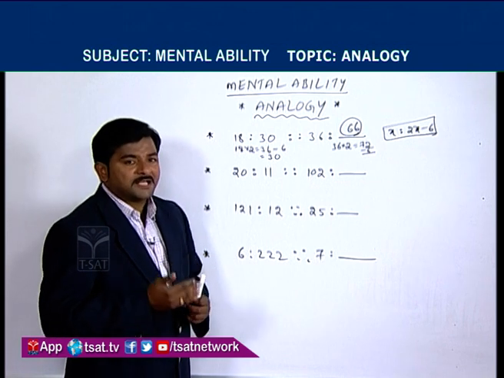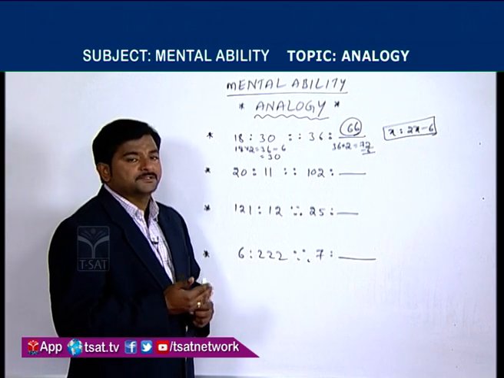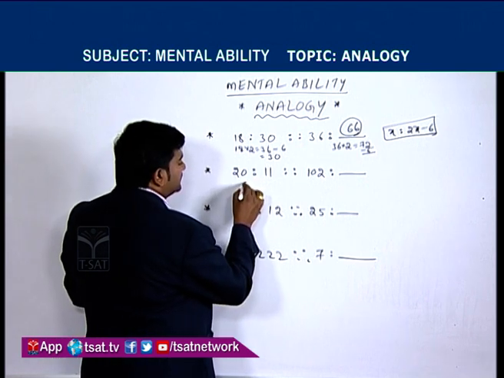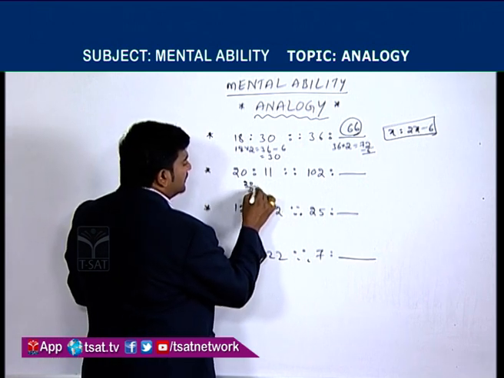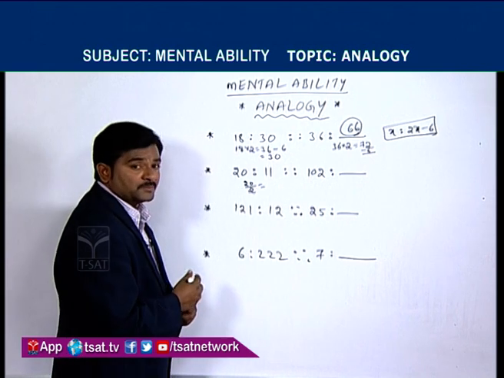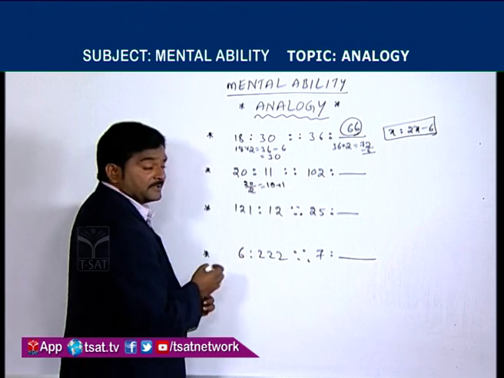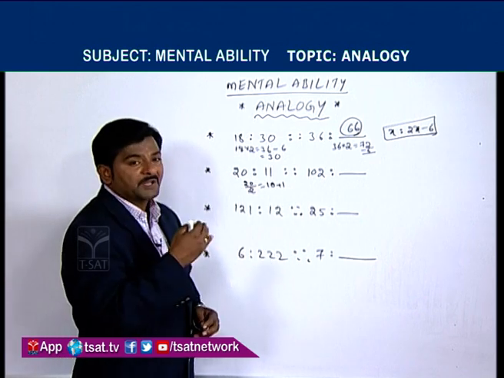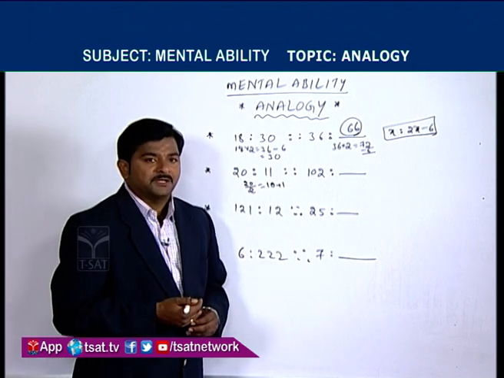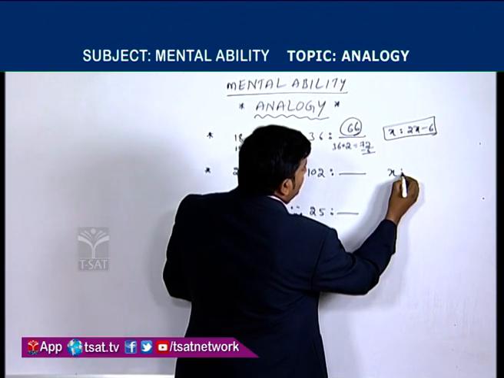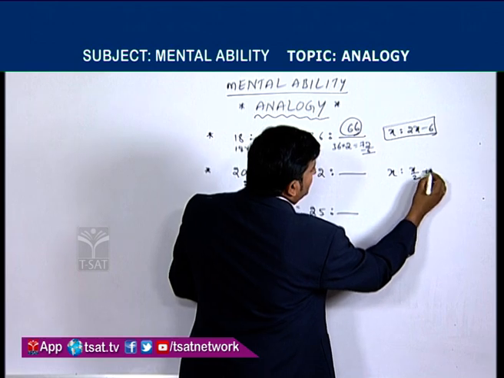20:11 is as 102:dash. So here what we can say, 20:11. If 20 is divided by 2, what am I getting? 10. But how much is given there? 11. So what does it mean indirectly? By 2 plus 1 concept. So let's say simply x is given, x is to x by 2 plus 1.